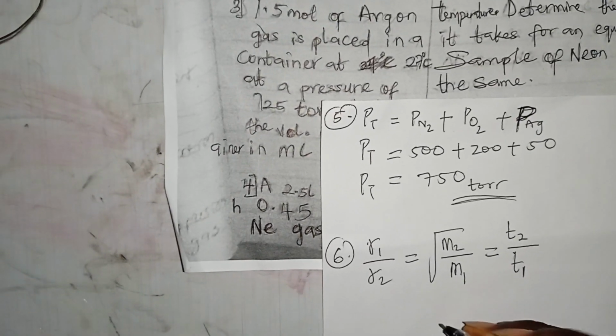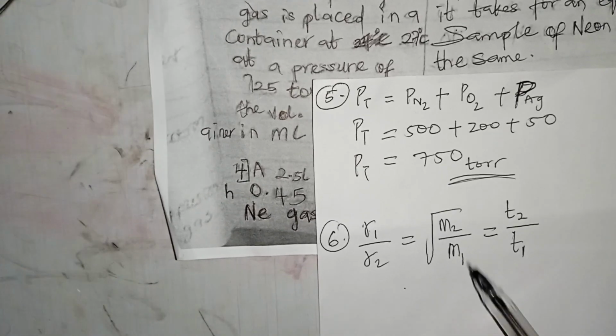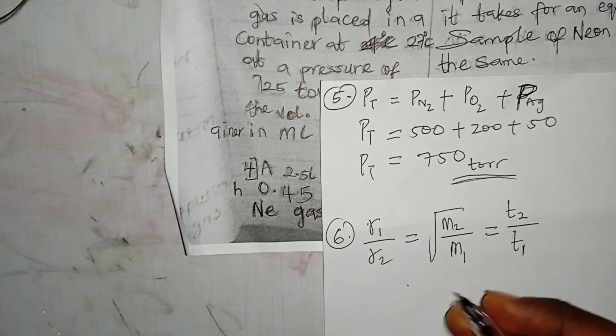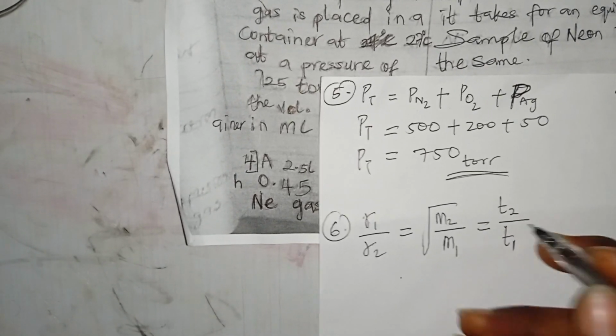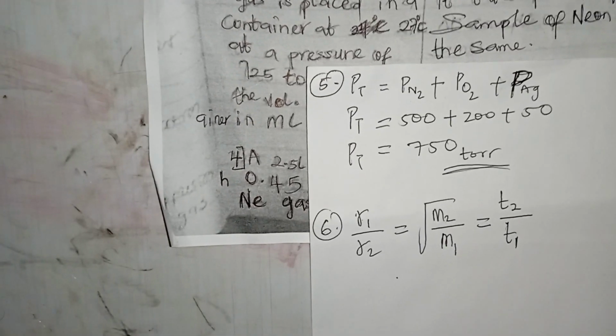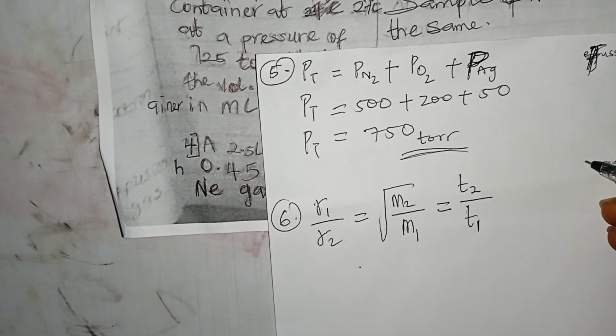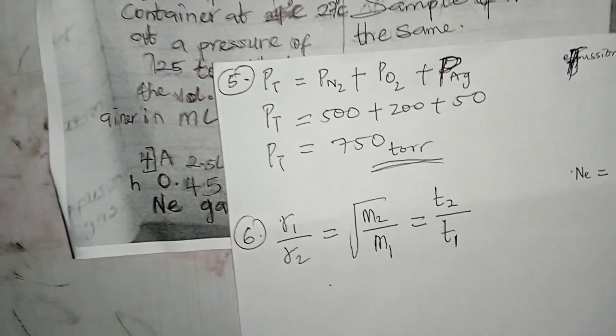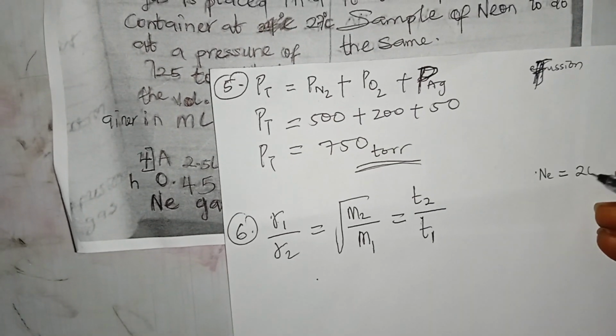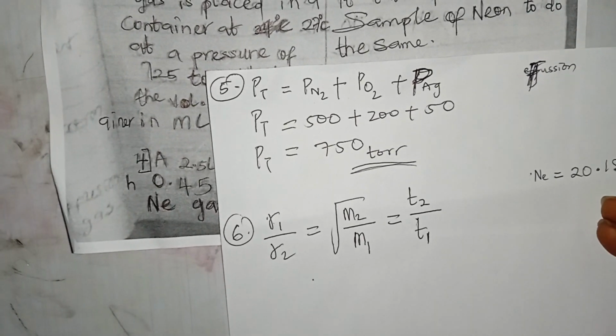So since I know that, whenever I'm not given rate and I'm given just time, I check for the molar mass of those elements using their arrangement in the periodic table. Since I know that neon has atomic number 10, the molar mass will be about 20, but precisely it is 20.18.